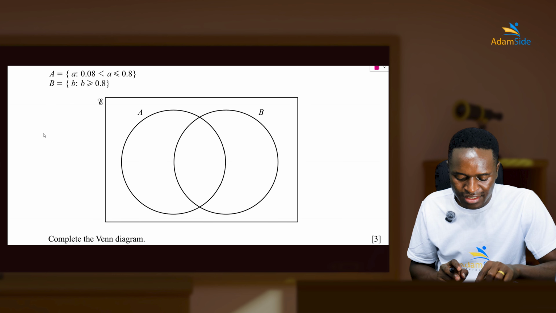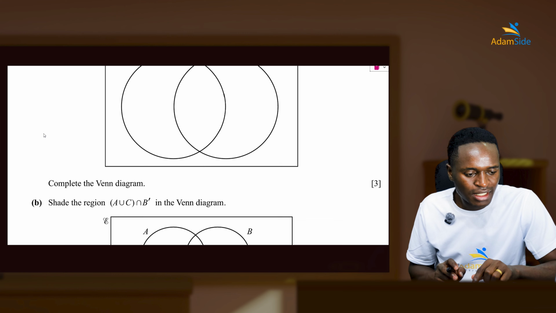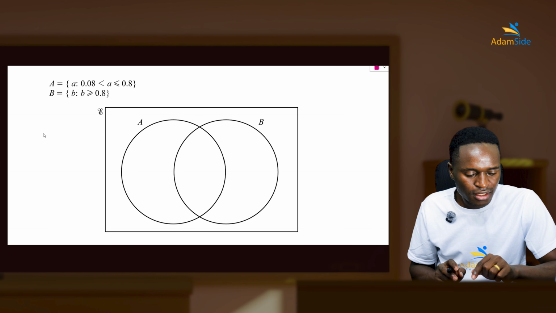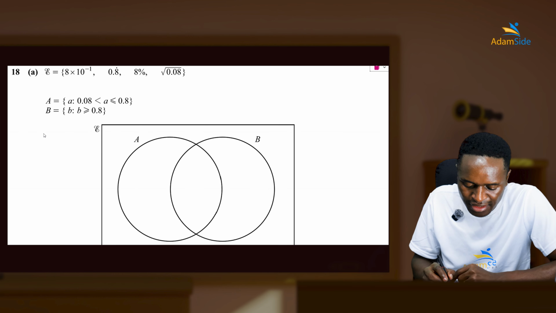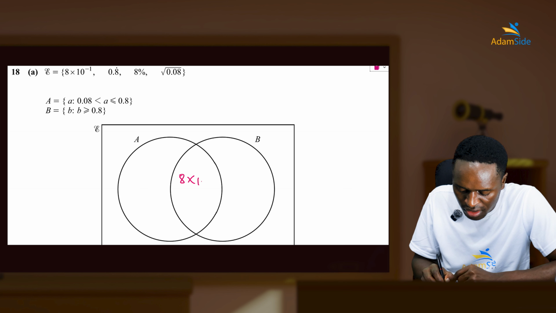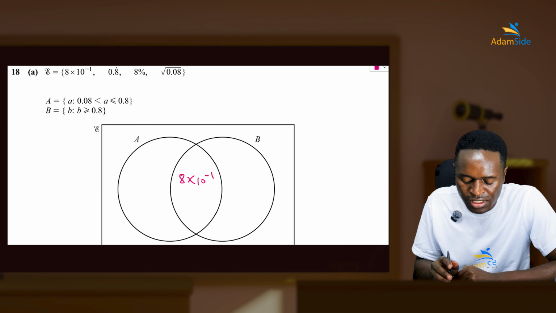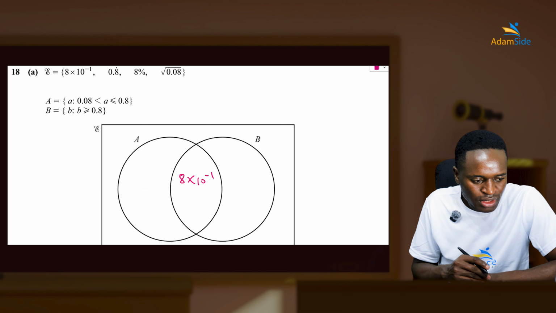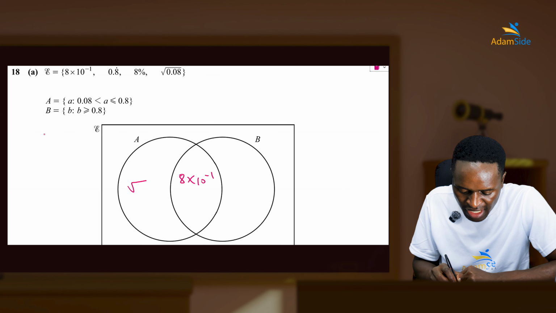Therefore, the one at the intersection will be 8 times 10 to the power negative 1, because it's in both sets. And then set A will only have root 0.08.